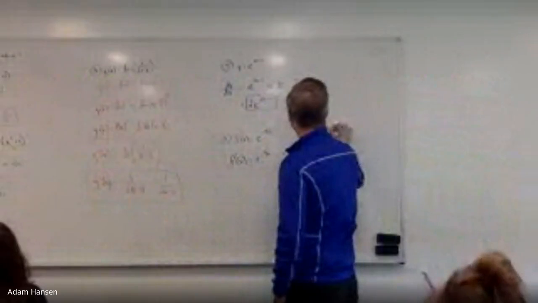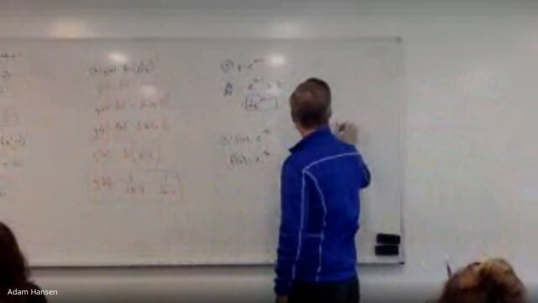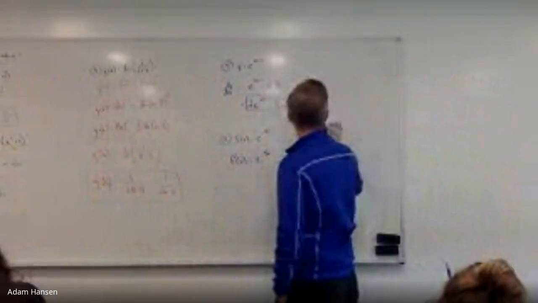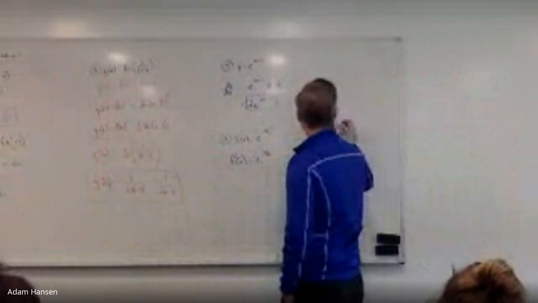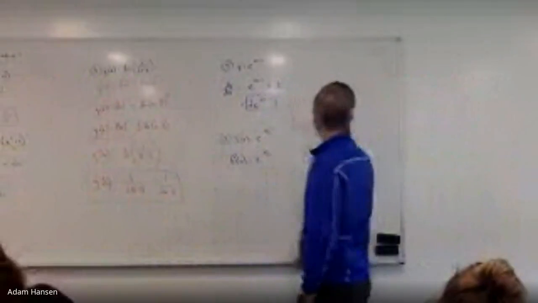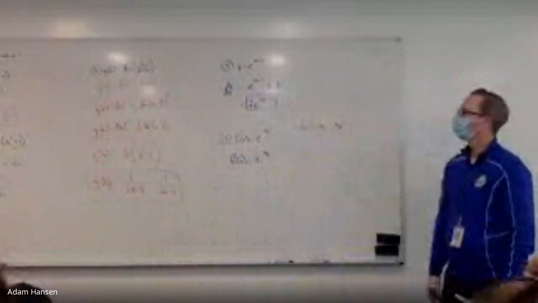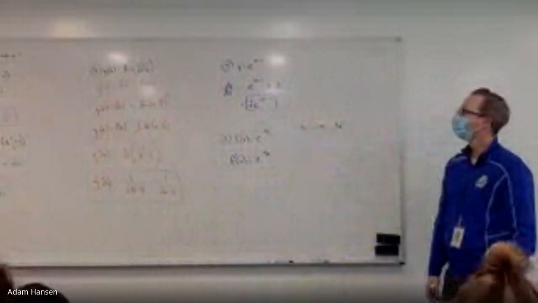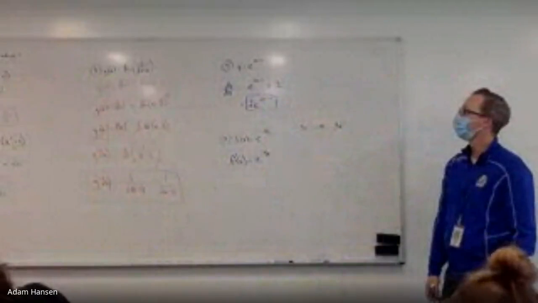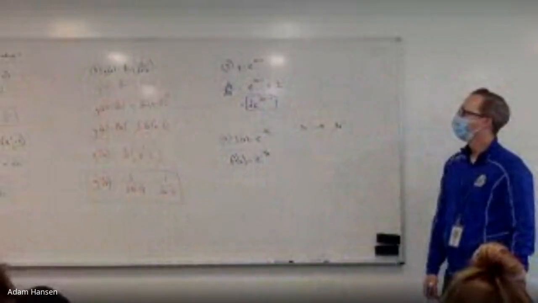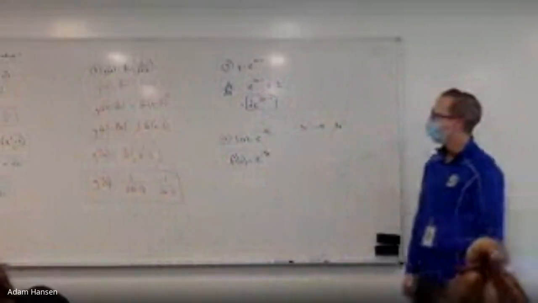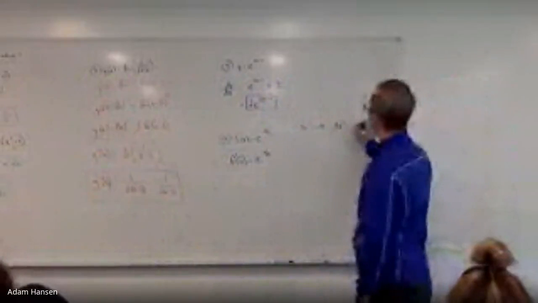So that derivative would be negative 3x to the, no, sorry, I did that wrong. Positive 3x to the negative second. Get rid of that negative exponent by putting it back down into the denominator.